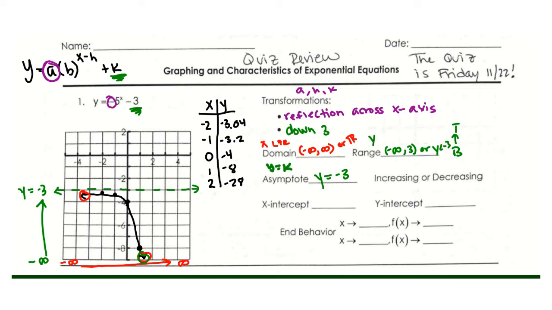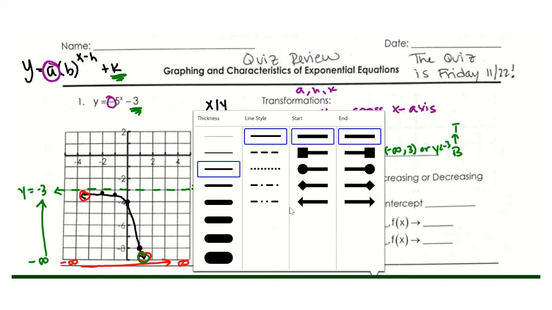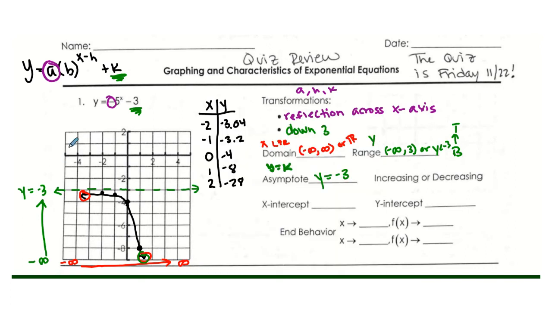Your x-intercepts are where your graph crosses your x-axis. Remember this line right here, this is my x-axis. Well, this curve does not cross this x-axis, and it will never get a chance to because of the barrier of my asymptote.